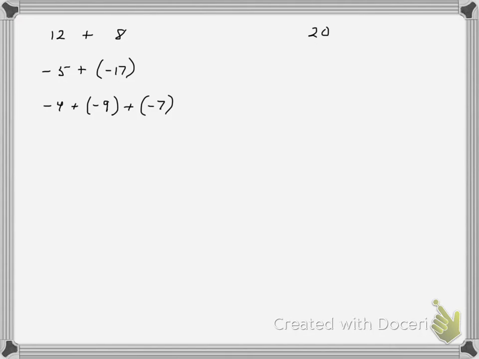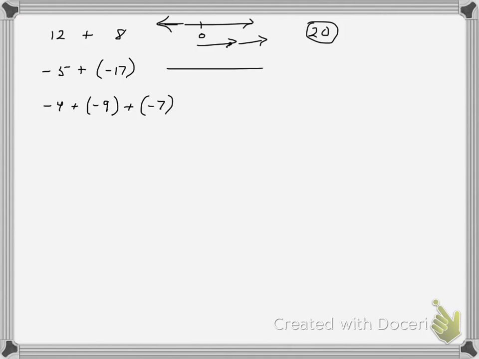But how I'm thinking in my mind is I'm thinking of a number line. You'll find this useful until this becomes very clear to you. If I think of starting at 0, I'm going to go +12 and +8. So I'm going to move to the 12 in the right, move to the right because it's a positive number, move to the right again, and so I've moved over to the right in all 20 spots.